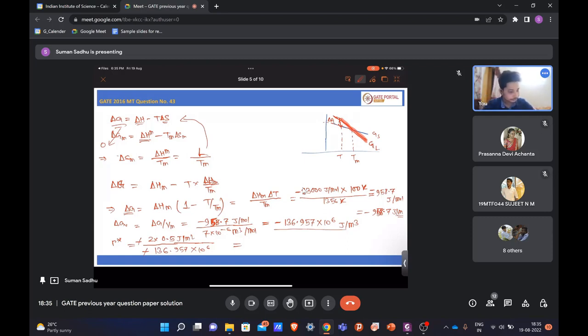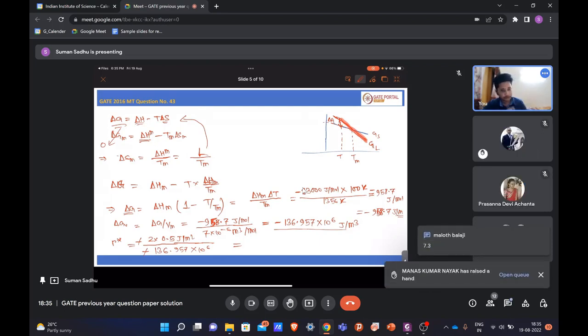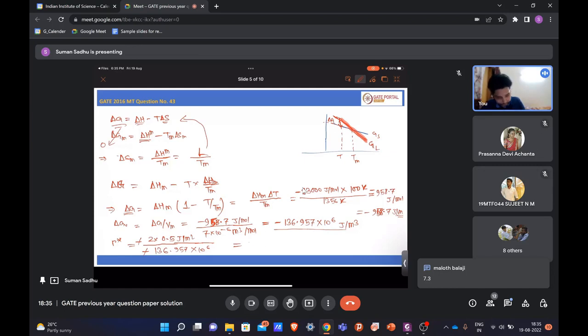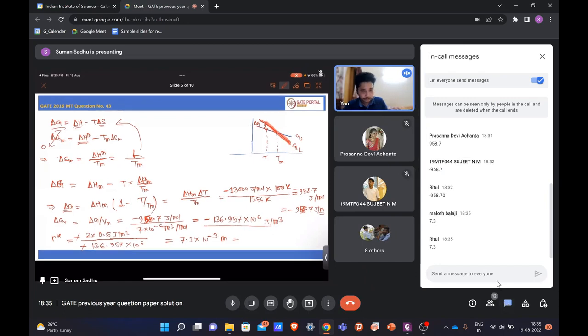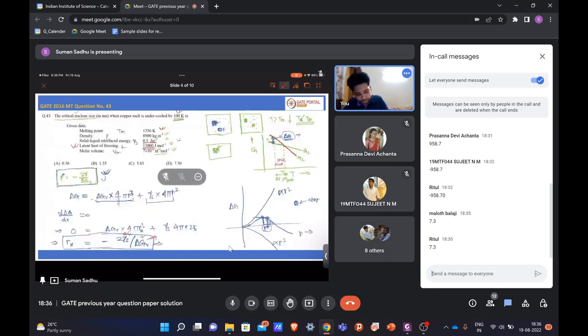Okay, 2 into 0.5 divided by 136.957. Yes, so it is coming 7.3 into 10 to the power minus 9 meter. If you write it in terms of millimeter, it will be 7.3. It is in meter, so it will be 7.3 nanometer. Right, so the correct answer is option D.